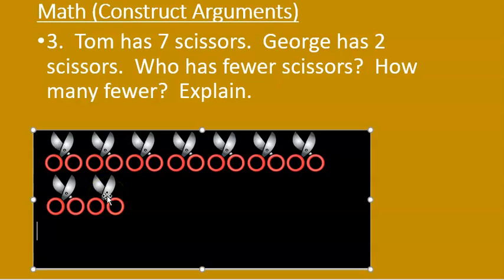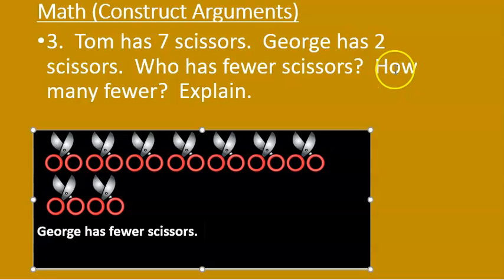George, okay? How many fewer does George have? But first, let's write this. George has fewer scissors. Because that's the first question we need to answer. Who has fewer scissors? George. Because look, George only has 2. Tom has more scissors. Look, there's more scissors as compared to George.